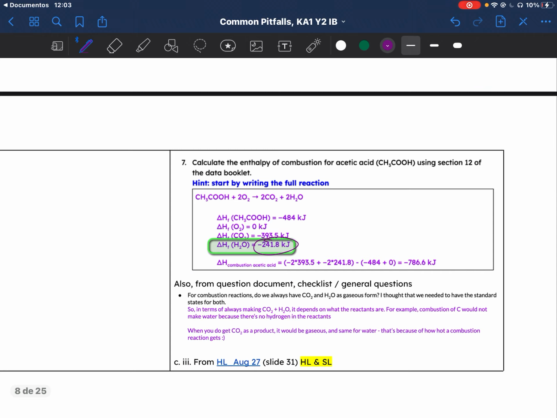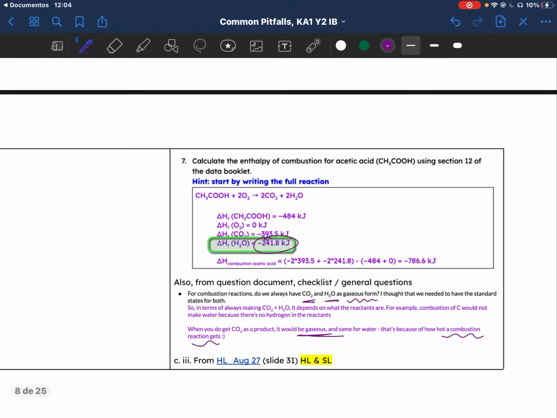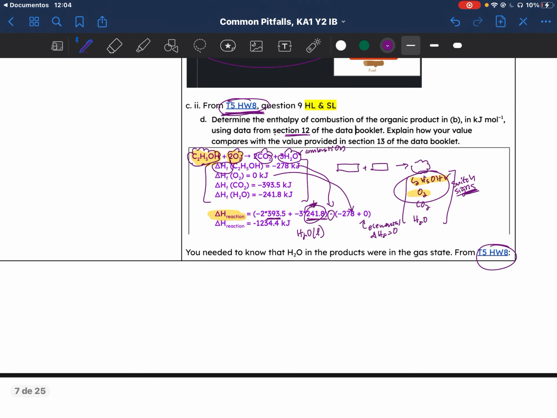Someone even asked that question in the homework document. Do we have to know that CO2 and H2O are produced in gas in a complete combustion? And yes, you do, because in a combustion, your products would both be in the gas form because a combustion reaction has high temperature. So some of us got a little tripped up on that. Make sure that you're not using H2O liquid, but you're using H2O gas in a combustion reaction.